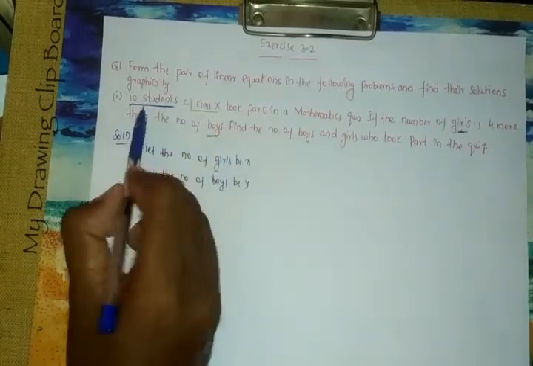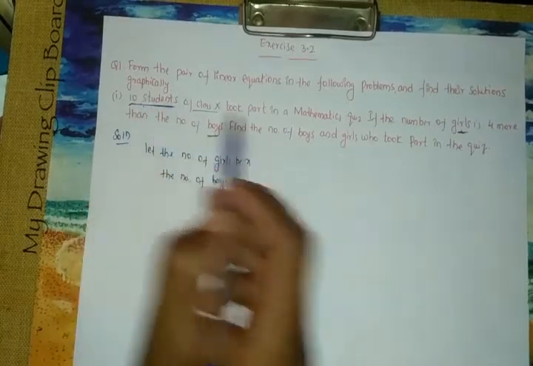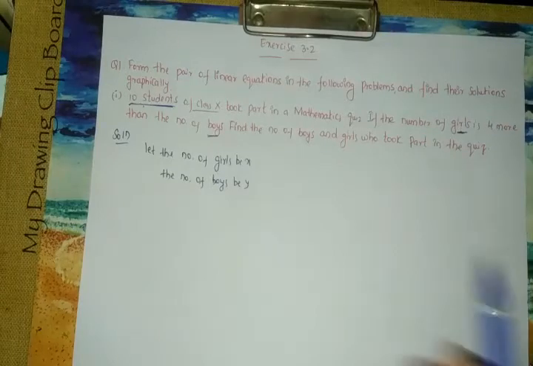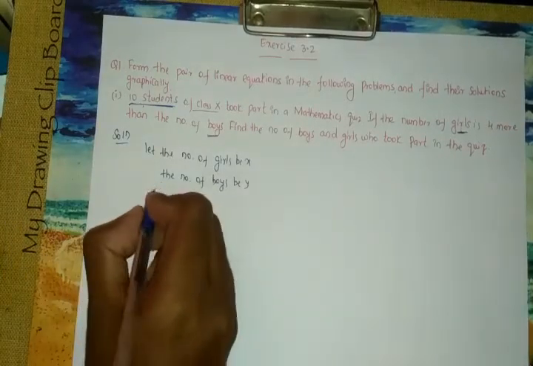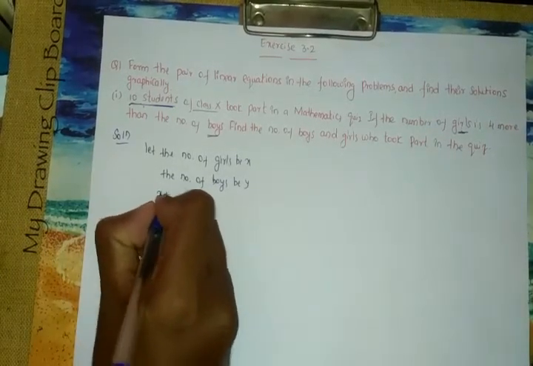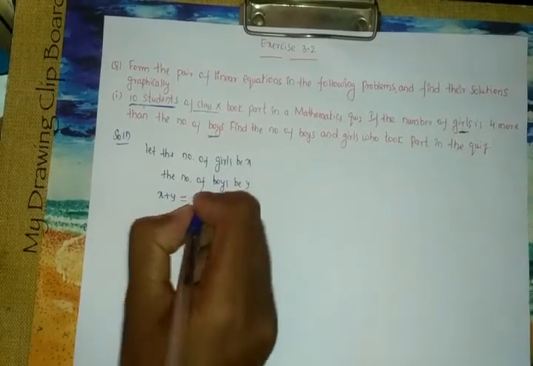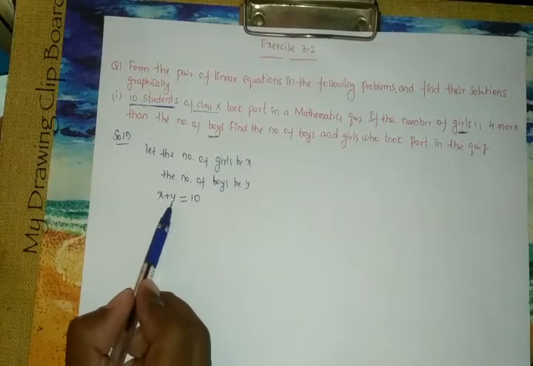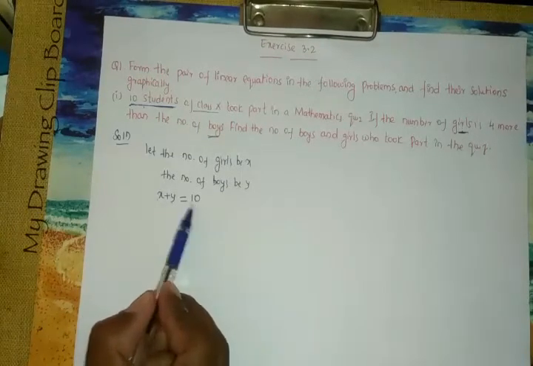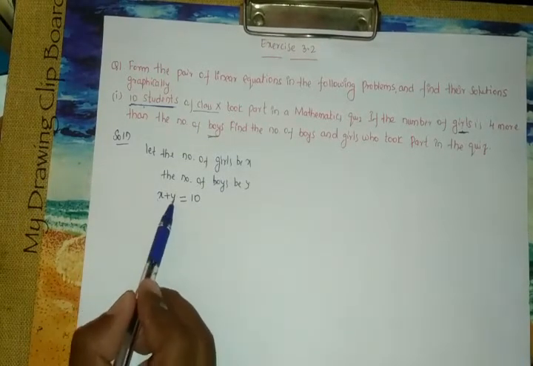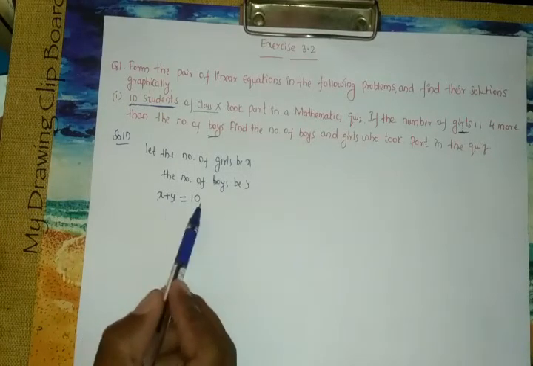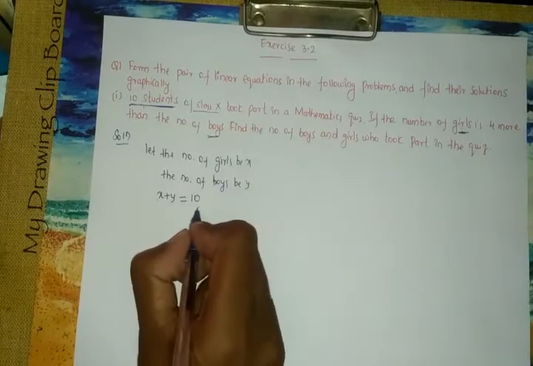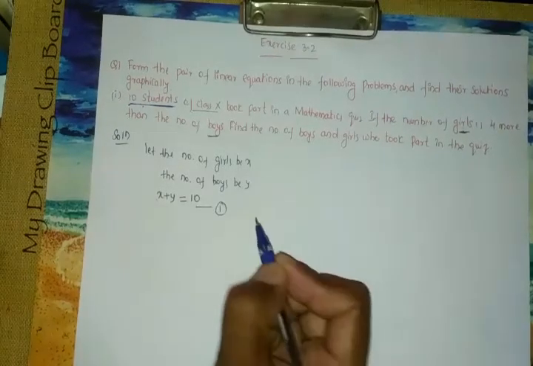So in this total of 10 we have girls and boys, which implies that the number of girls plus the number of boys is equal to 10. We don't know how many girls and how many boys, but we know that we have 10 students in total in the class. So let me call this equation 1.